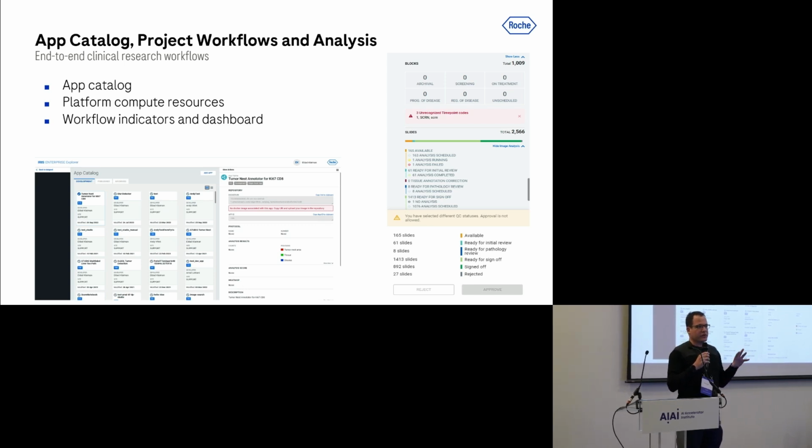They can also trigger applications that they publish there on thousands of slides on our platform compute resources by a click of a button. So this makes the algorithms usable for the entire community and without needing to think about how or where to run and deploy them.